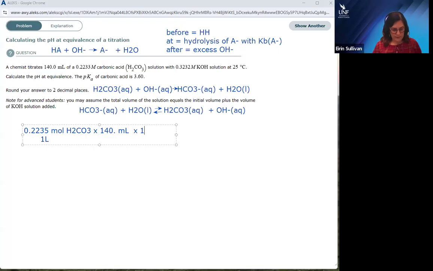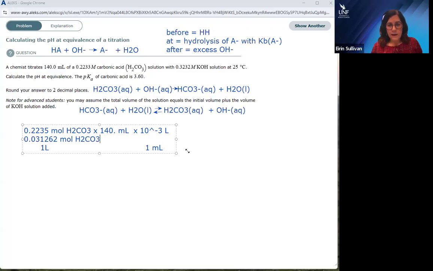So 1 milliliter is 10 to the minus 3 liters. And that is going to give me 0.03162 moles of my carbonic acid.